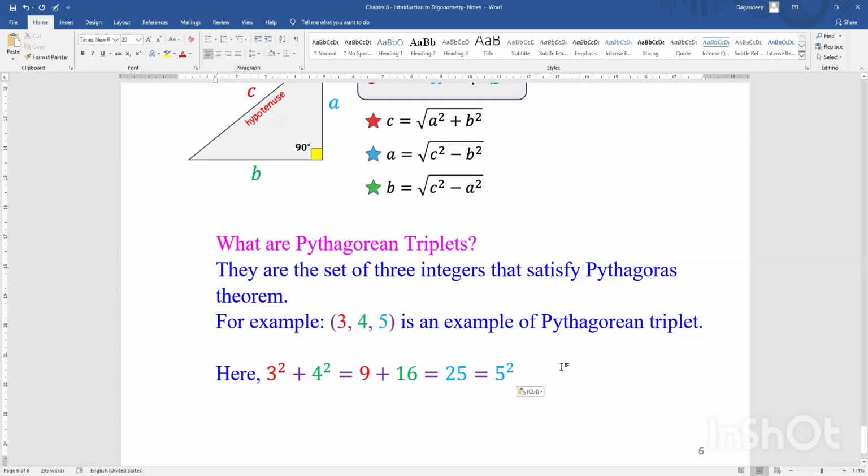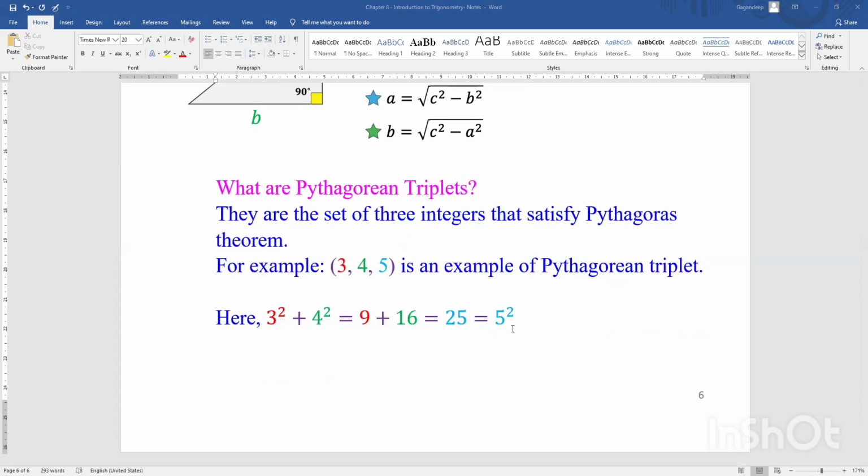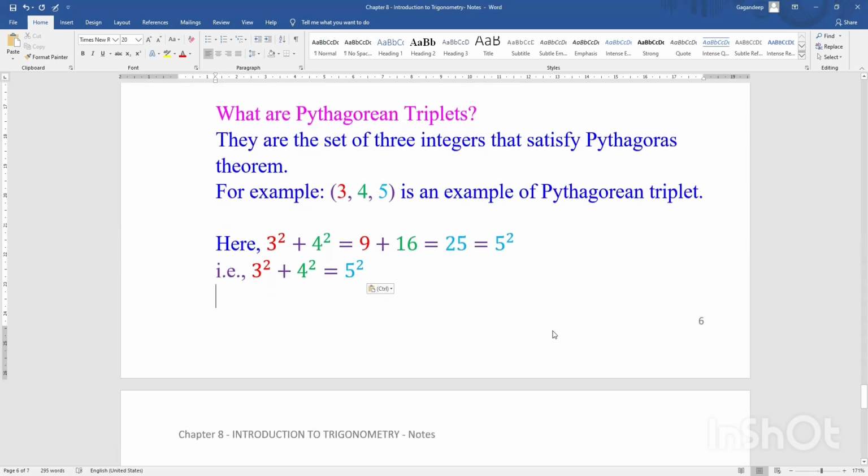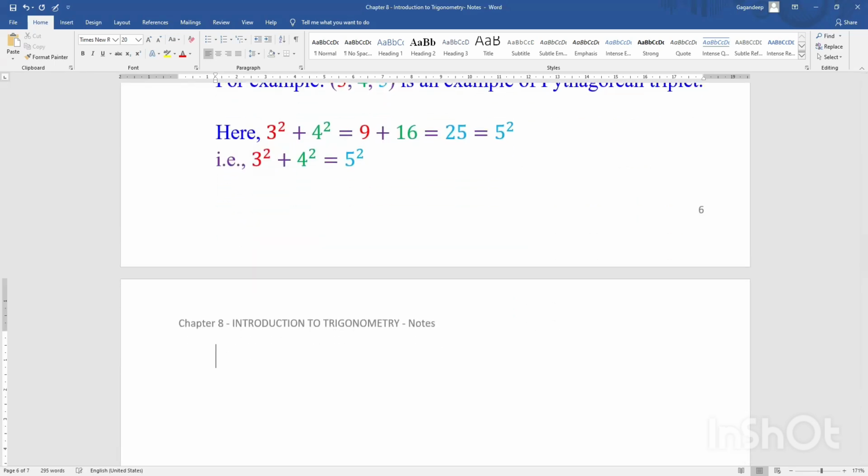Got it, children? So I can write it as 3 square plus 4 square equals 5 square. Okay.